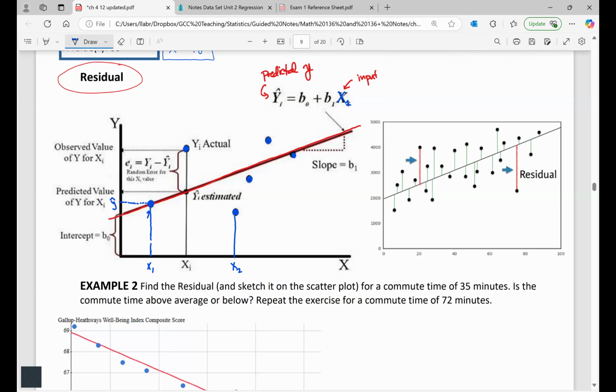So you can see that there is a level of disagreement there. And that level of disagreement, which is basically the vertical distance of our point to the line, is what is known as the residual. So it's the vertical difference between these.